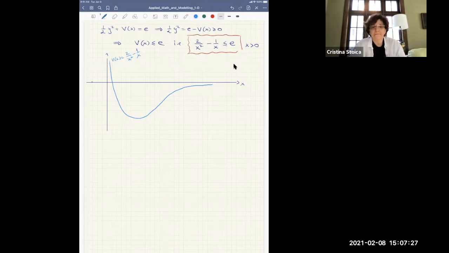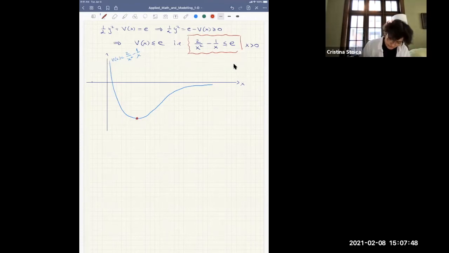Okay, and now this function, when I'm calculating, this is a bottom here for the function, and its coordinates are, so this is the minimum of V of x. You know how to find the minimum of a function: you take the derivative and equate it to 0, right?